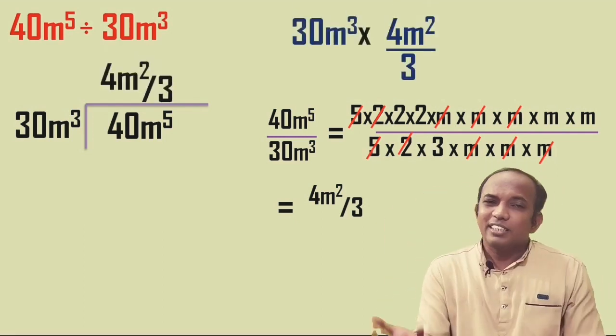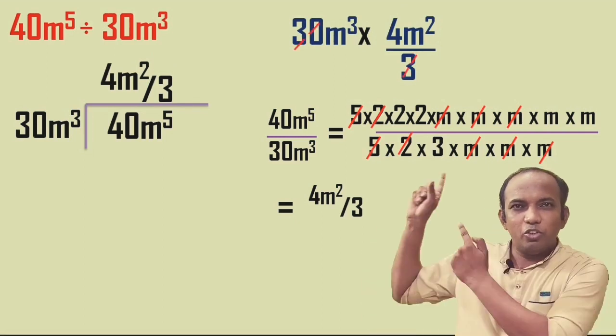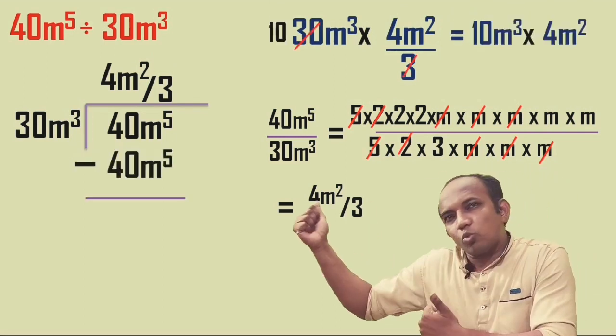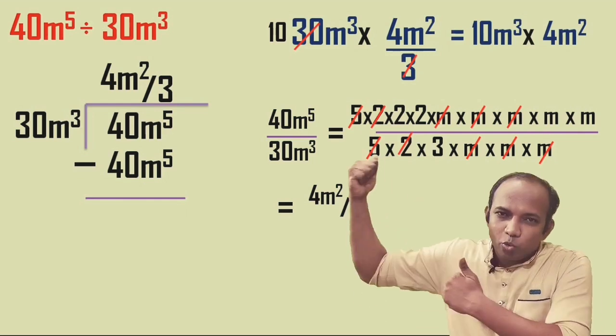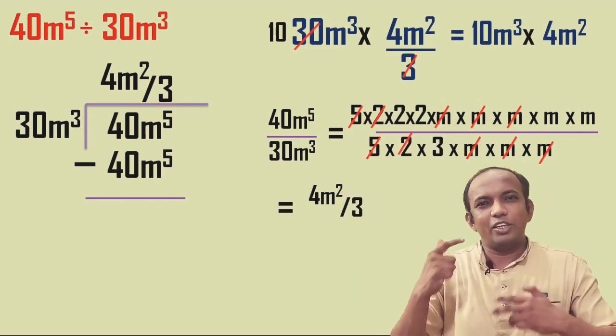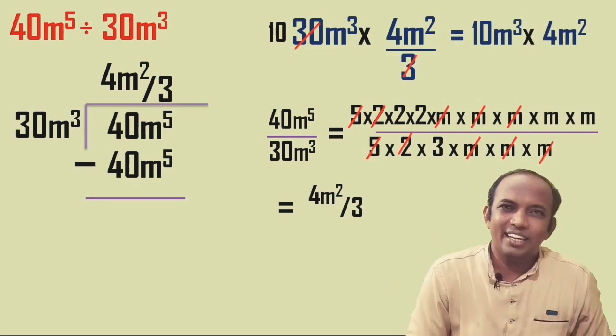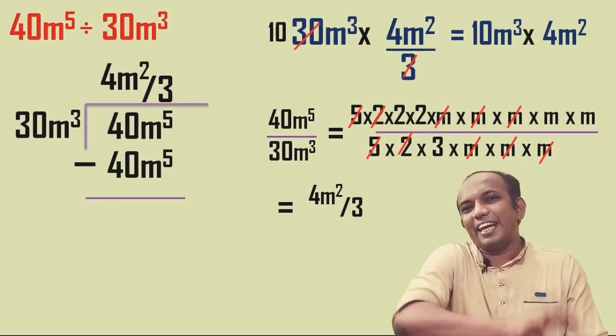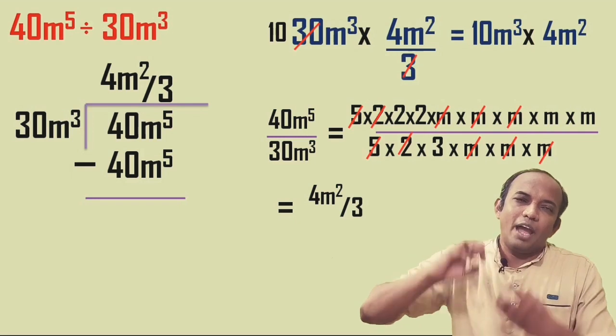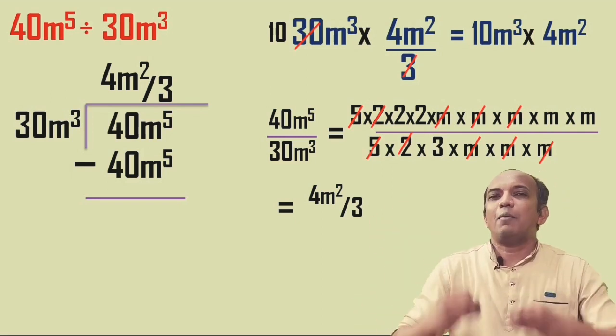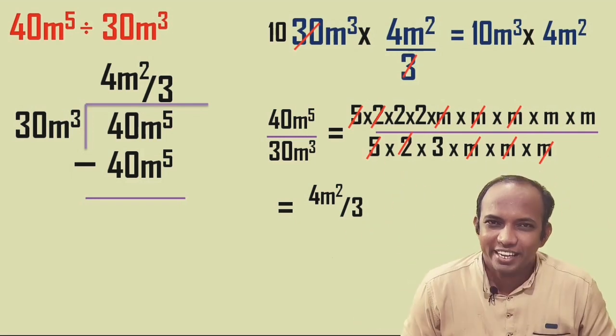So we know that final result is nothing but 40m raised to 5, the way you're looking on the screen. 30m square into 4m square, the whole upon 3, we can do cancellation, right? The 30 will be divided by 3, we get the answer 10, and as a result when you multiply 10m square into 4m cube, we get the answer 40m raised to 5, and bang on target, right?